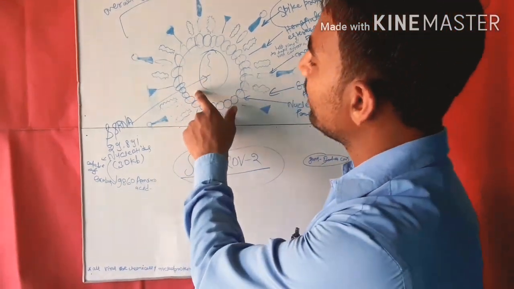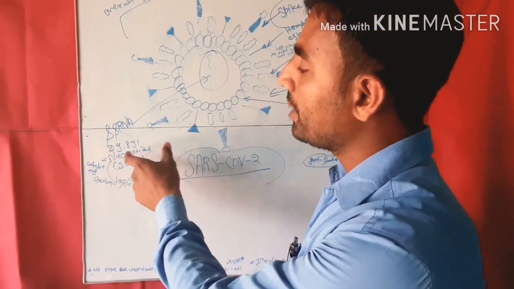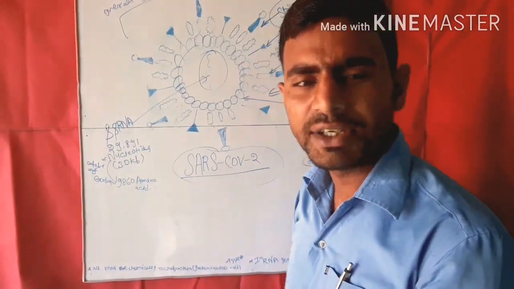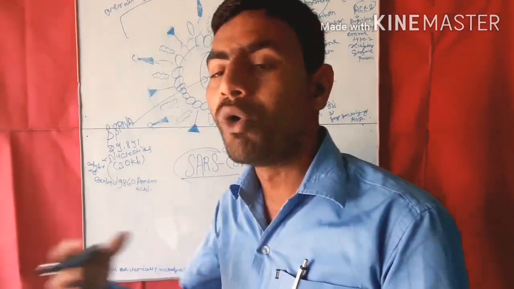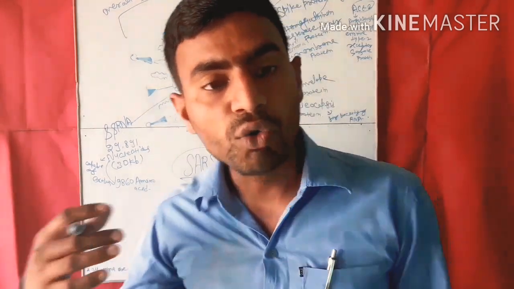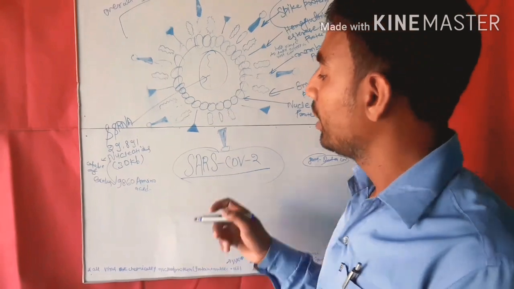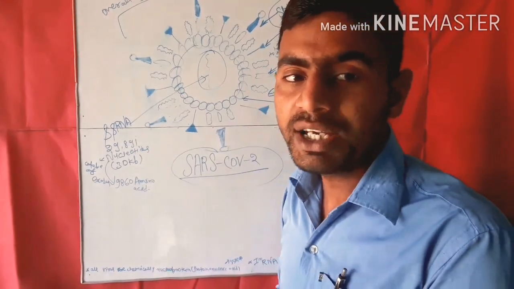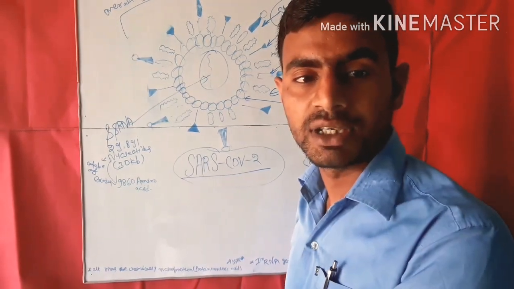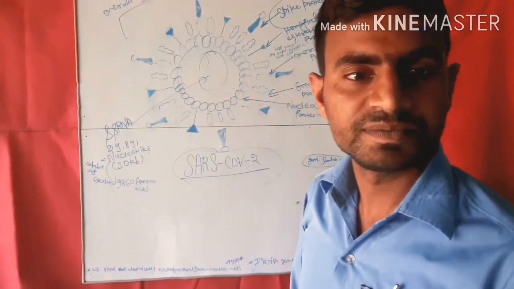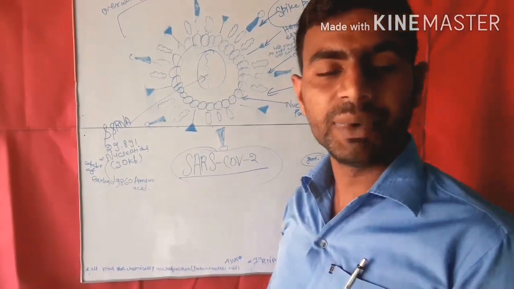Okay, and this single stranded RNA, made of about 30,000 bases, is capable of encoding about 9,860 amino acids.